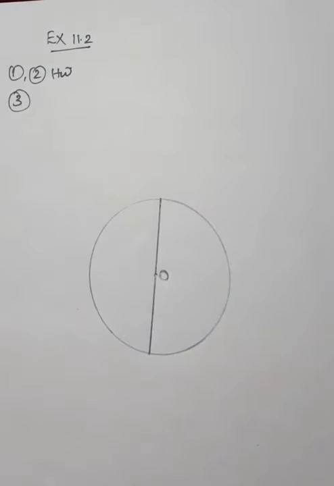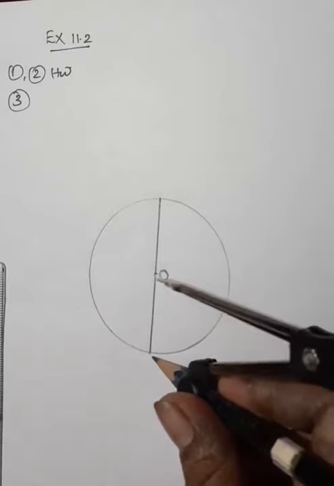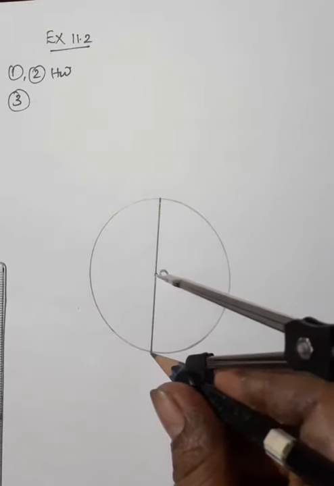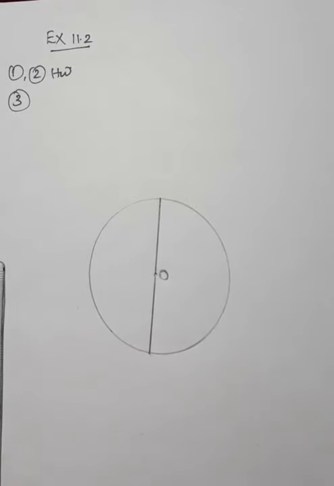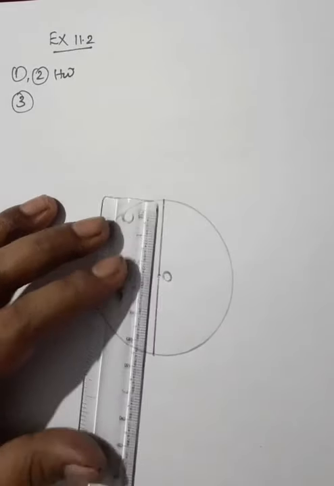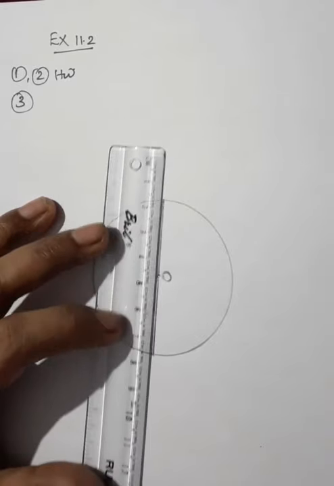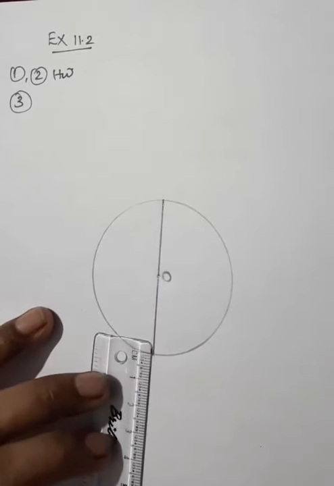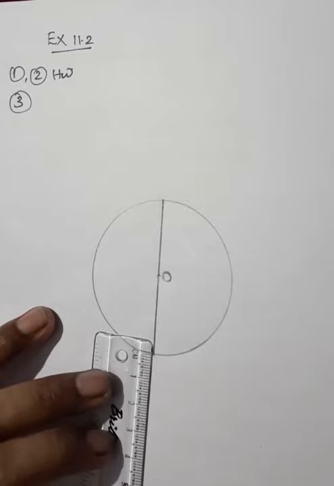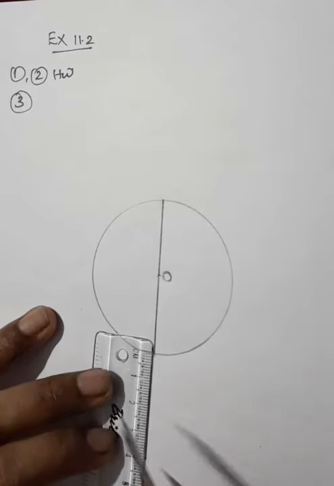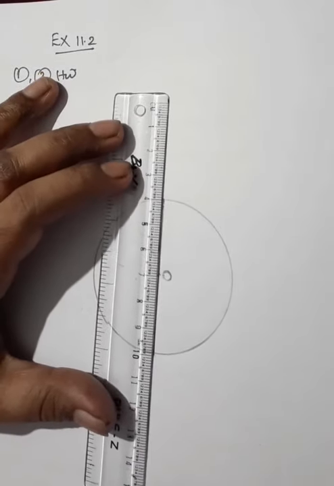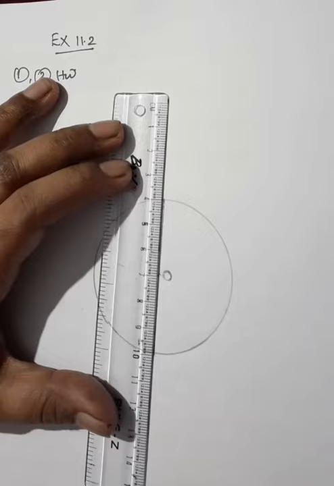Each point is at a distance of 7 cm from the center. This is already 3 cm, its radius. Then you have to extend this diameter to 7 cm, means again 4 more cm you want to take. So I am drawing extended diameter as somewhat 4 cm from here. This is that point. Here also want to take 4 cm to the other side also.